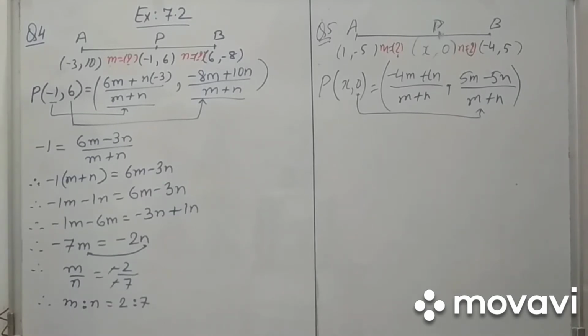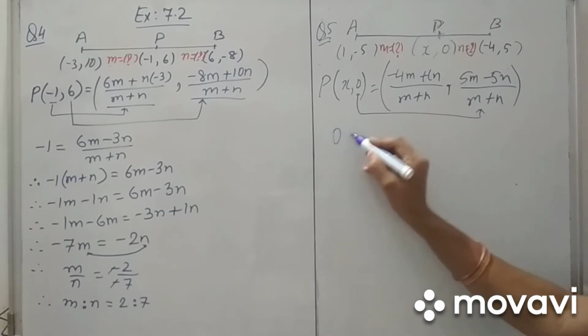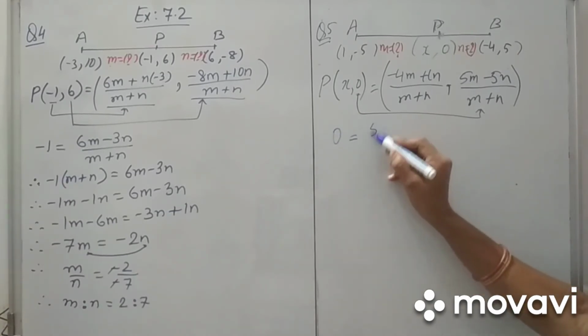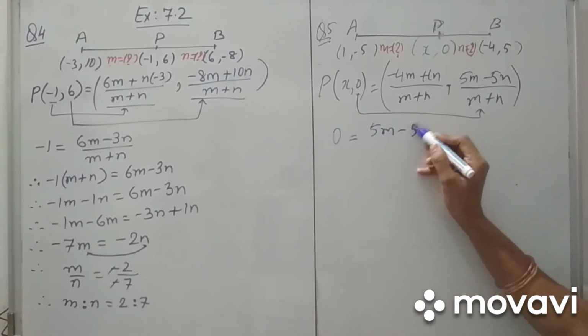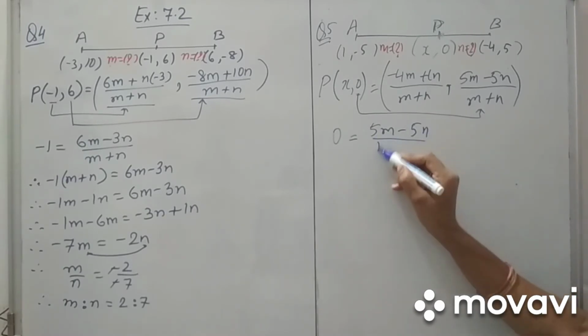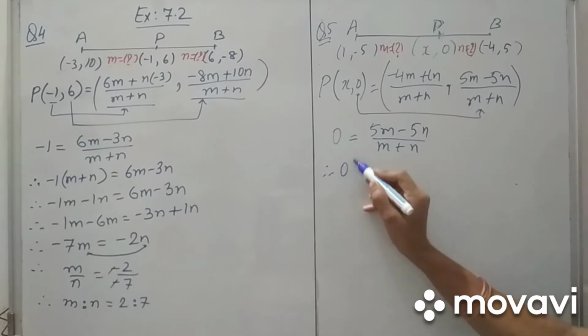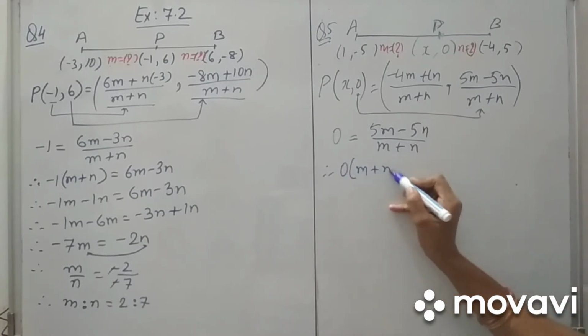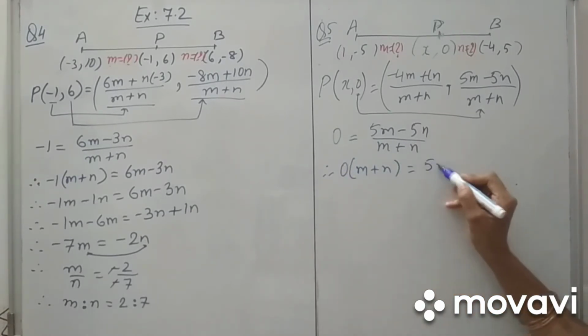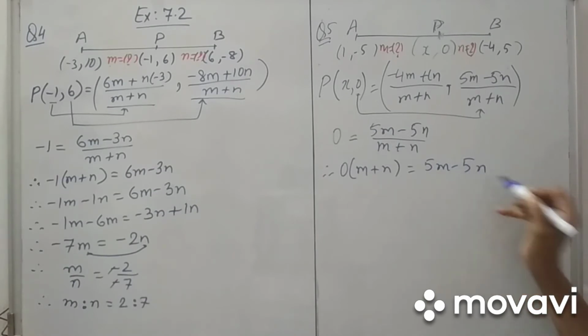But here x is unknown, so we will use the coordinate which is known to solve. Therefore 0 is equal to 5m minus 5n upon m plus n. Therefore 0 into m plus n is equal to 5m minus 5n.